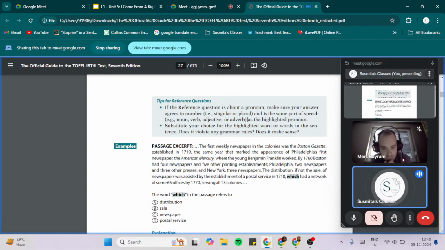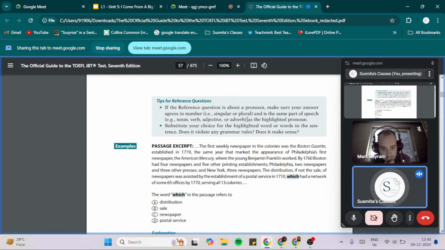In the same sentence, the words distribution, sale, newspaper, and postal service are all being used. So that is where we get confused. But you have to understand what exactly it is talking about.